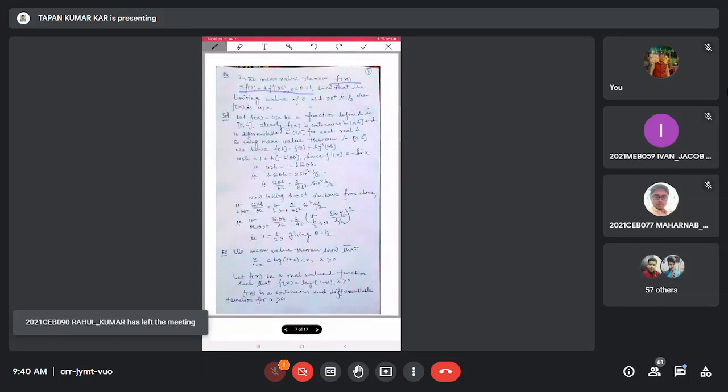Instead of a plus h, the interval is taken as 0 to h, because you have to find the limit of theta as h tends to 0 plus, that is, a very small interval.